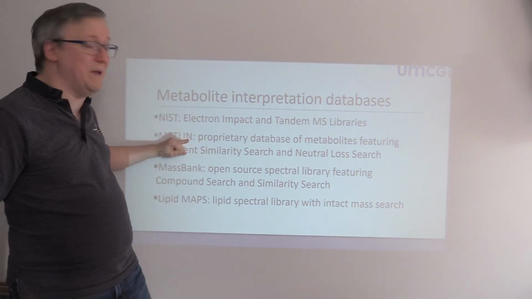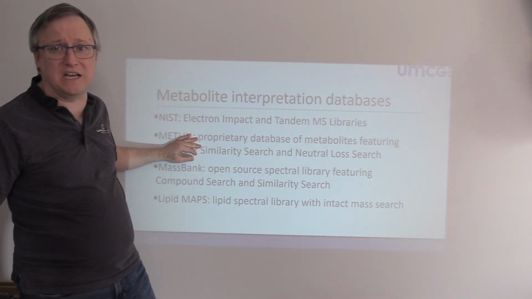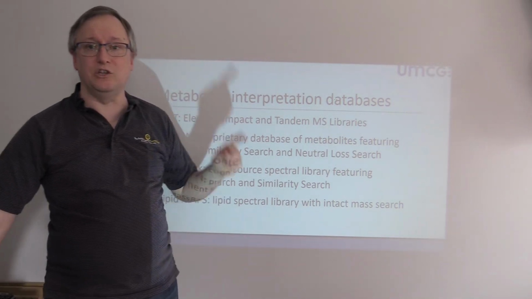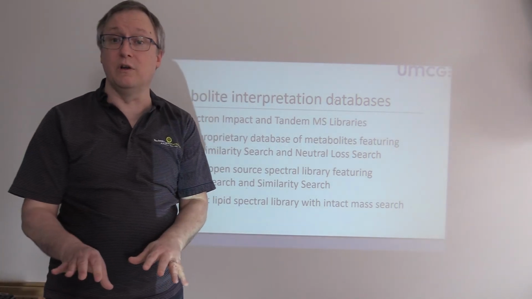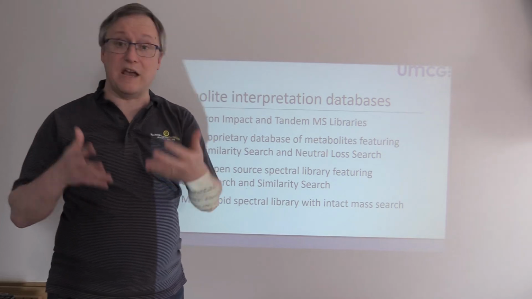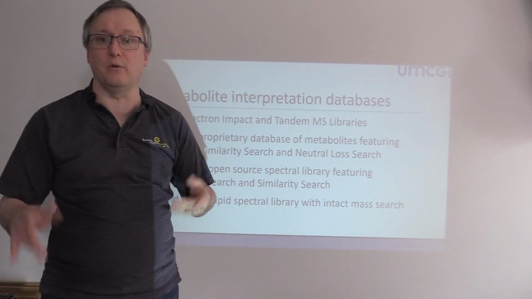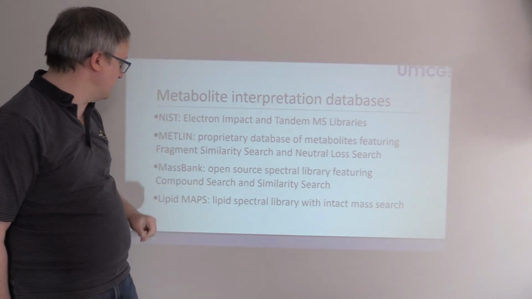So the METLIN website has access to a tremendous number of metabolite tandem mass spectra, but you can't download the whole METLIN database and use it on your computer. You must use it through their web interface, which means that you need to have some trust about what happens to your data and so on. And these things, I think, are pretty well cared for in the METLIN environment.